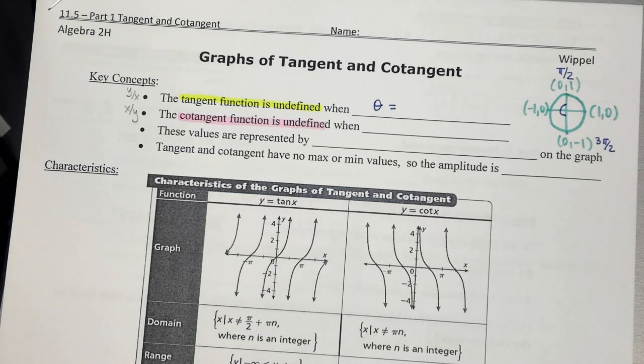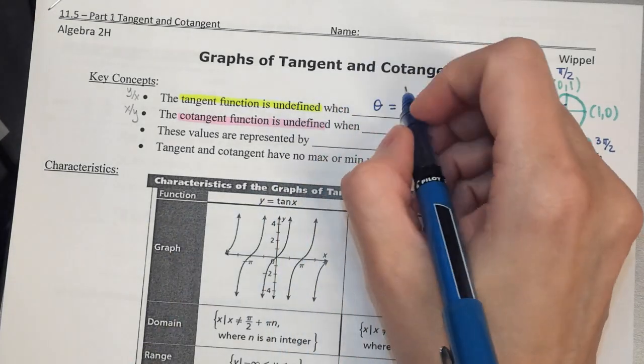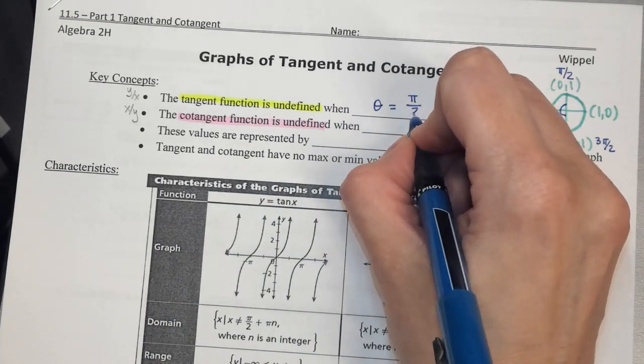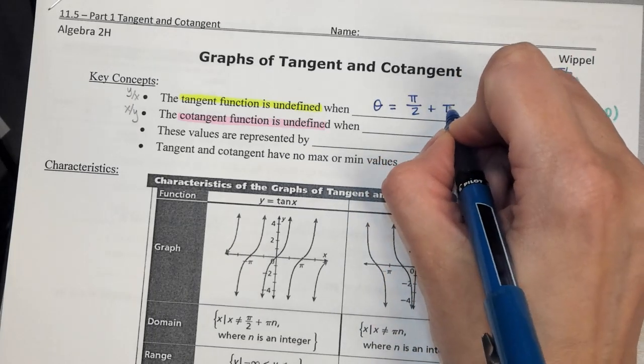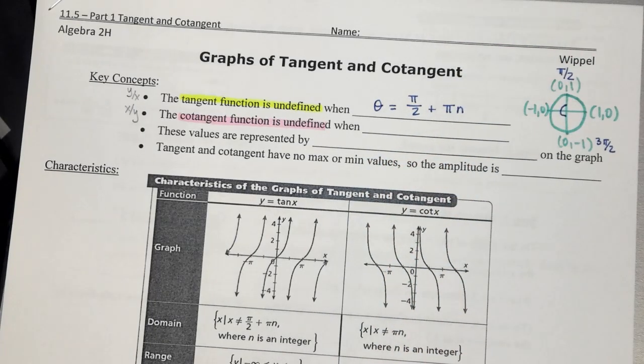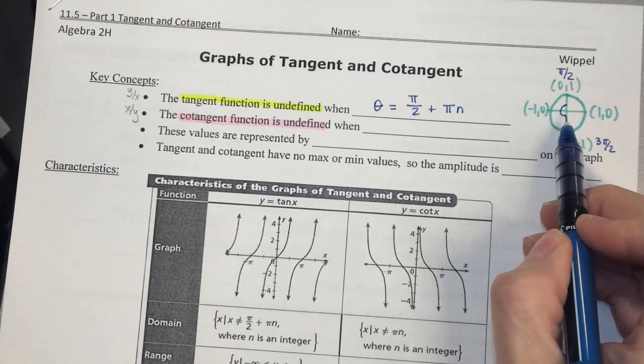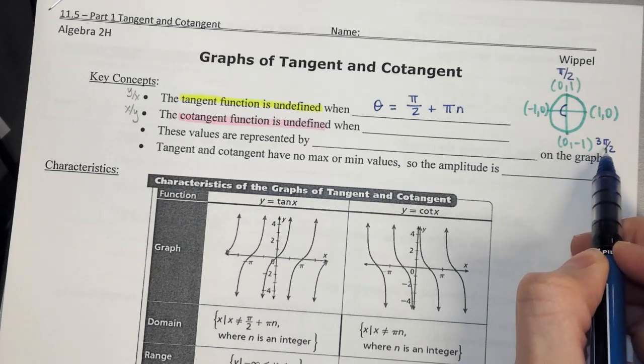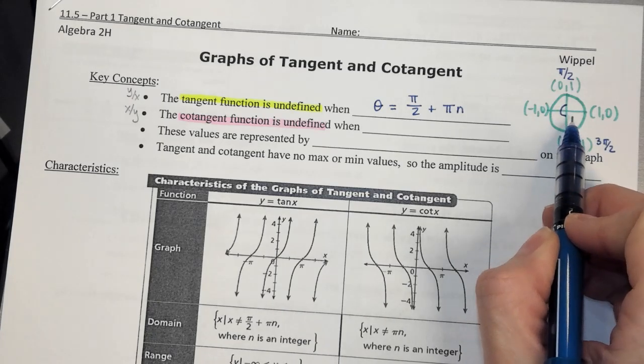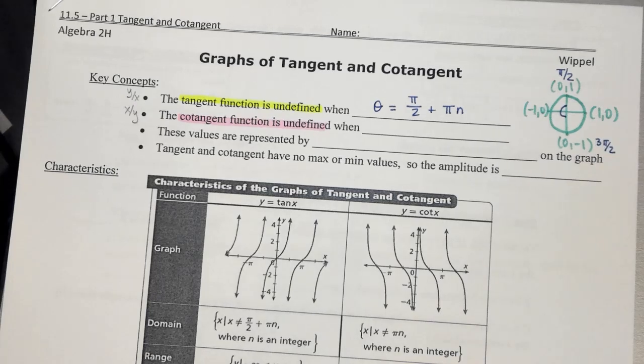So the tangent function is undefined when your value is pi over 2 plus pi times n. And that's going to cover every single rotation. So at pi over 2, if you were to add pi, right, it would hit 3 pi over 2, and then it would keep going back and forth between those however many rotations you needed.